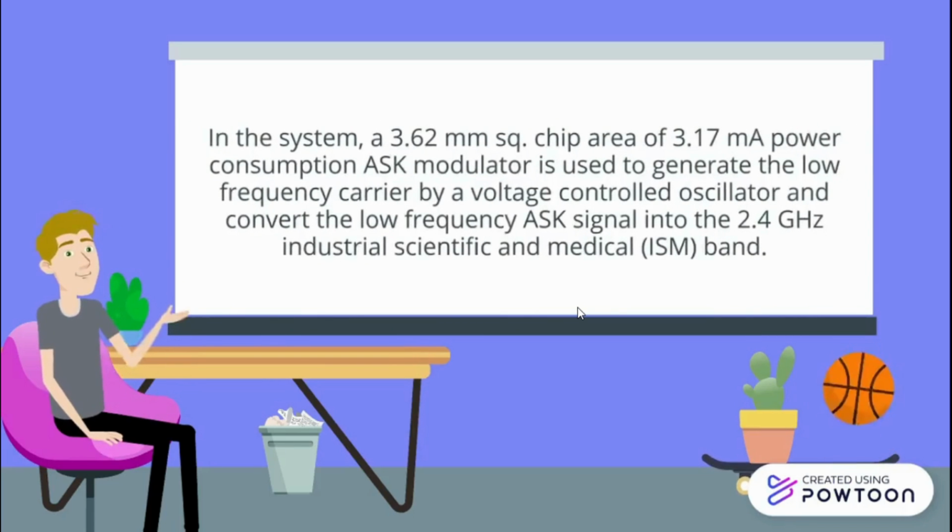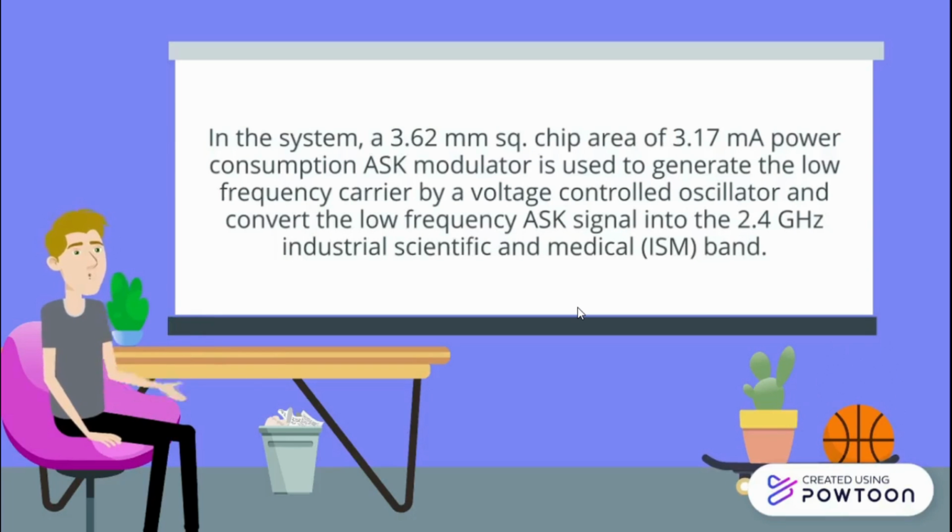Therefore, in the system, a 3.62 mm square chip area, 3.17 mA power consumption ASK modulator is used to generate the low power frequency carrier by a voltage controlled oscillator and convert the low frequency ASK signal into the 2.4 GHz industrial, scientific, and medical band.